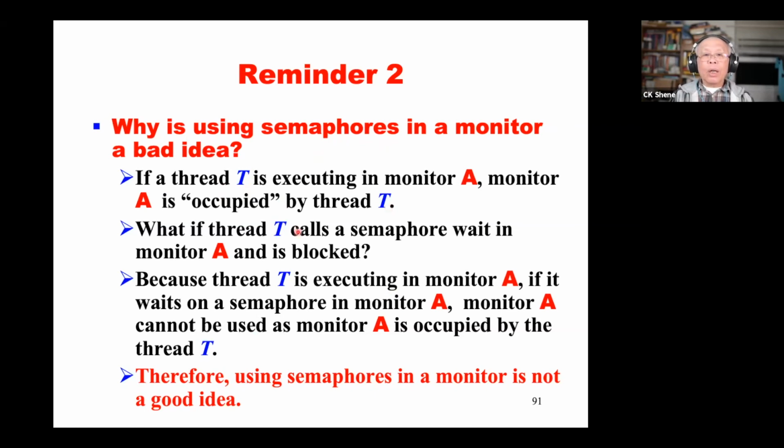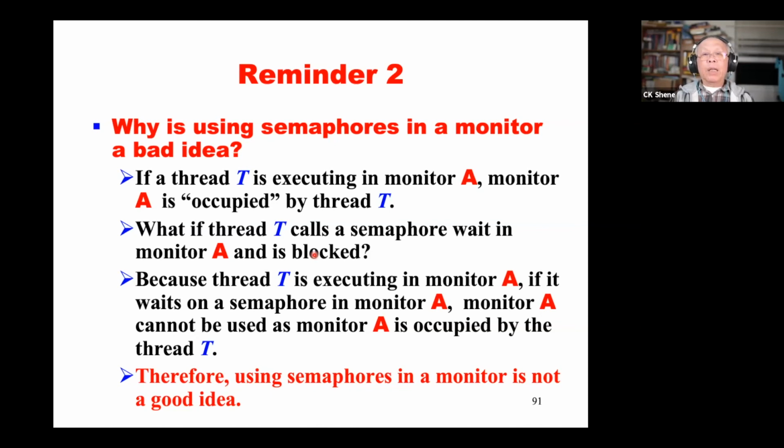So what if thread T calls a semaphore wait in monitor A and is blocked? Because T is executing in monitor A, it has the baton. That's the mutex for monitor A.